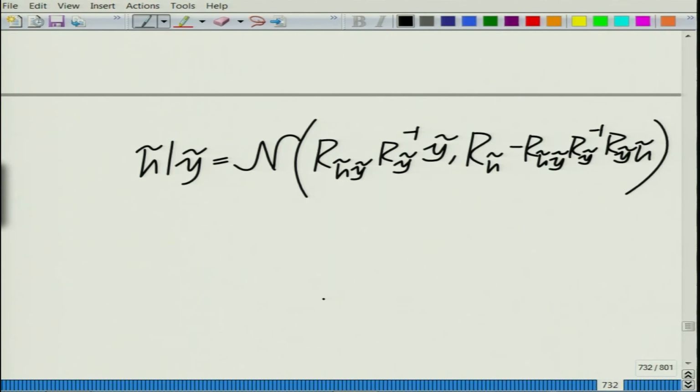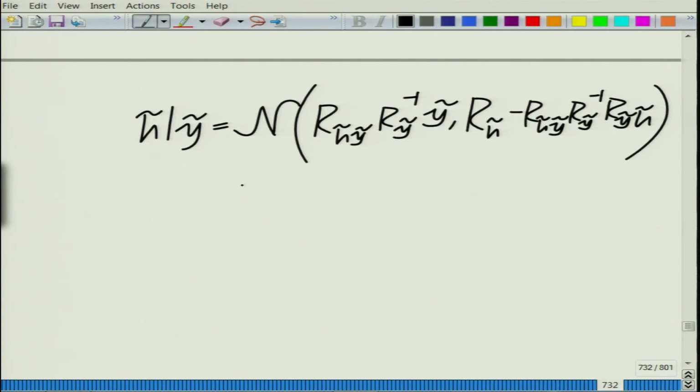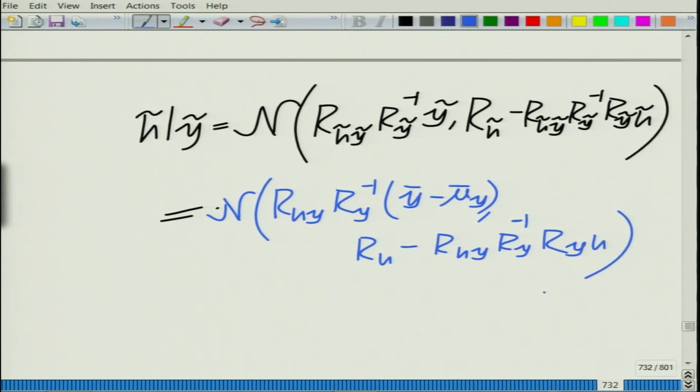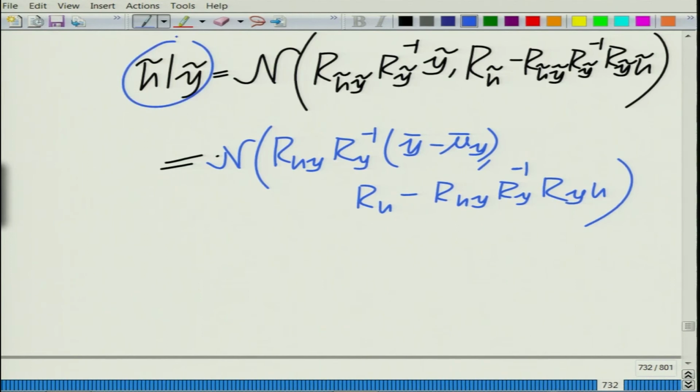If you replace these quantities by their equivalents, it is not very difficult to see that this is Gaussian, because R_h tilde y tilde is R_hy, this is R_y inverse, and this one becomes y bar minus mu bar y, and the covariance becomes R_h minus R_hy into R_y inverse into R_yh.